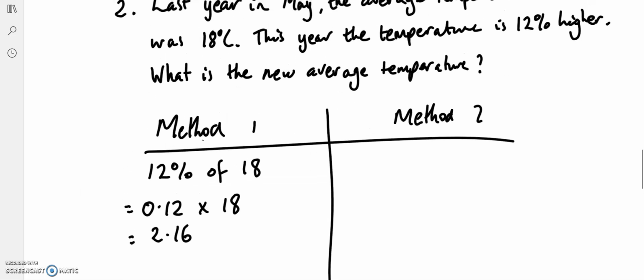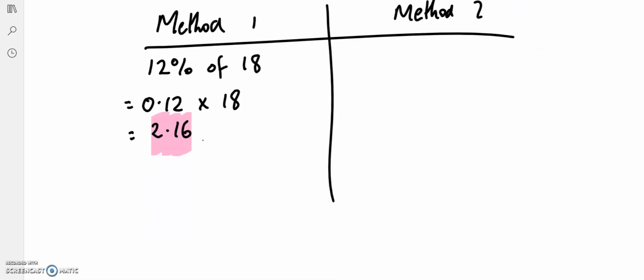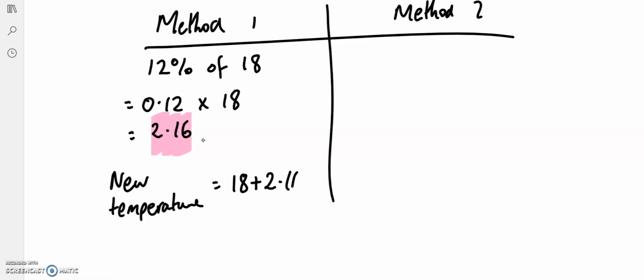So that is what it has gone up by. The 12% higher is relating to 2.16. So the new temperature is going to become 18 plus 2.16, and that's going to become 20.16 degrees Celsius.